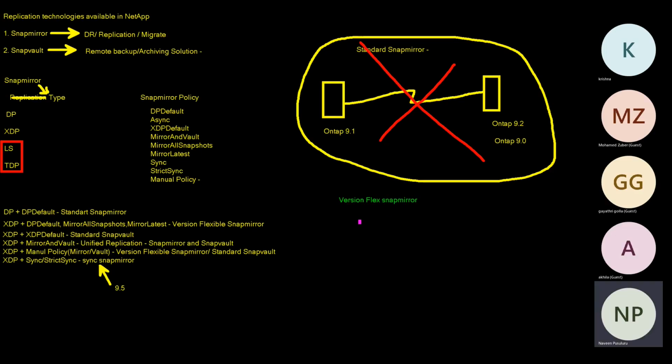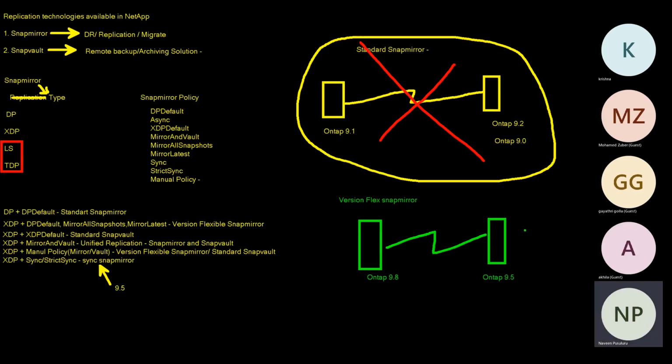Pretty simple. It doesn't depend on the cluster ONTAP version. Even if your source is running ONTAP 9.8 and my destination is running ONTAP 9.5, no problem. You can create a replication between these two clusters, source and destination.